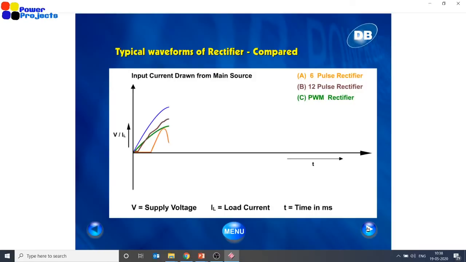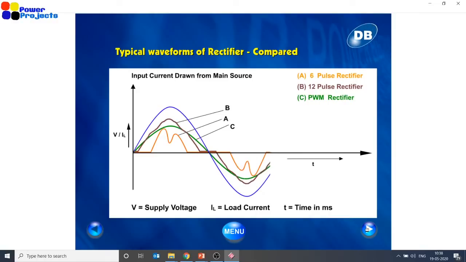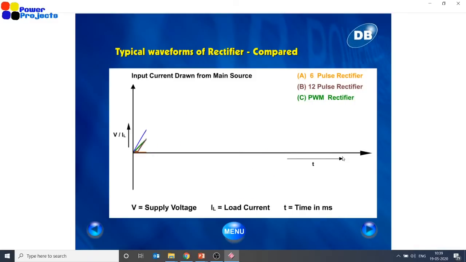You can see the waveform difference between 6 pulse rectifier, 12 pulse rectifier and PWM rectifier. Those who are working in research and doing optimizations in converters, inverters or rectifiers can be in touch with industries like that. You can check what harmonic level they have in today's commercially available products.